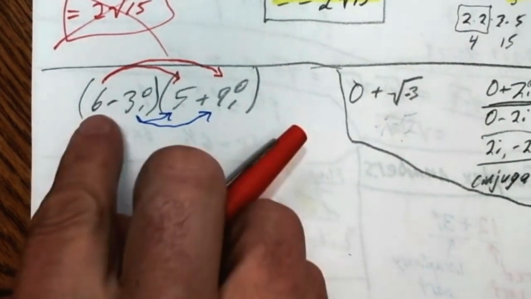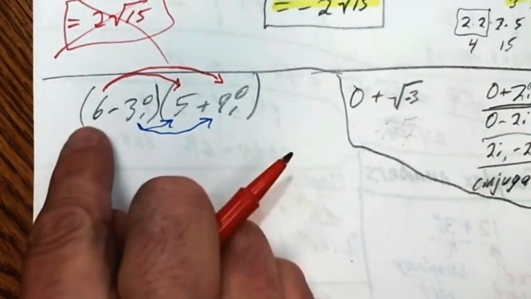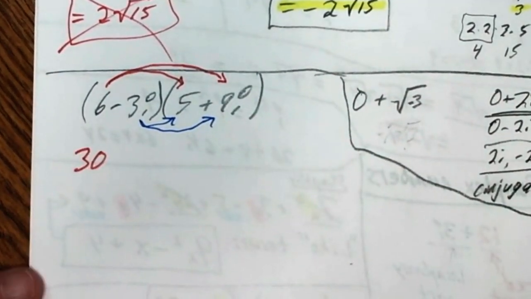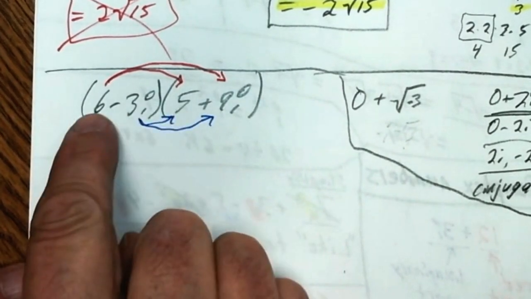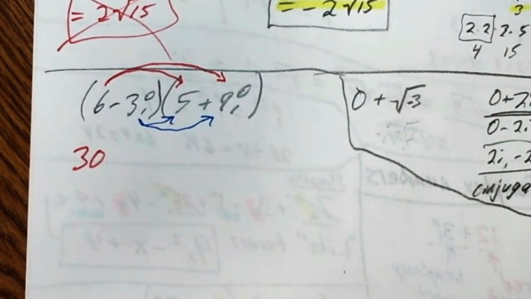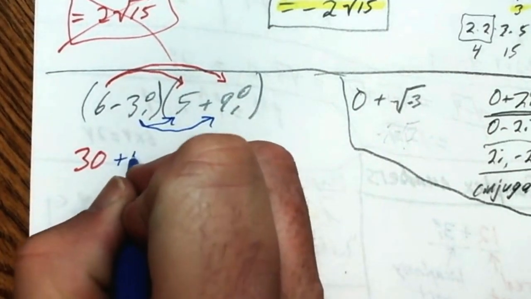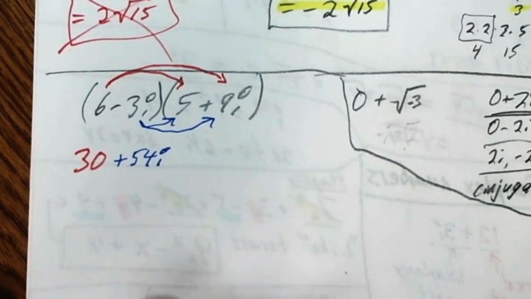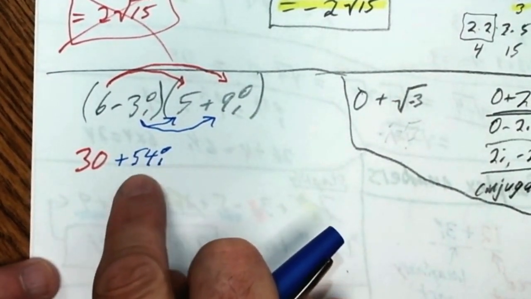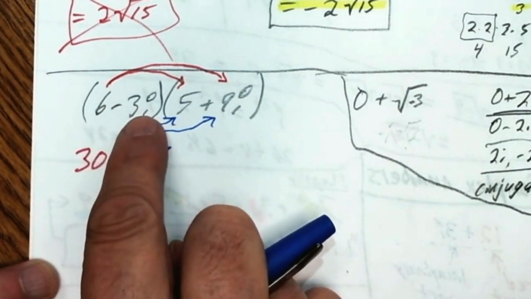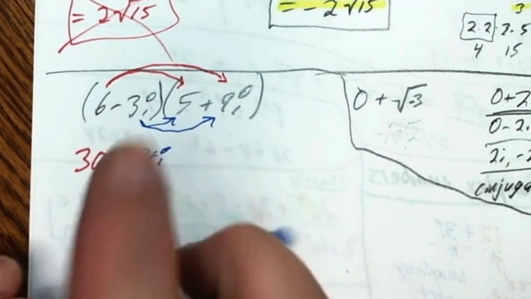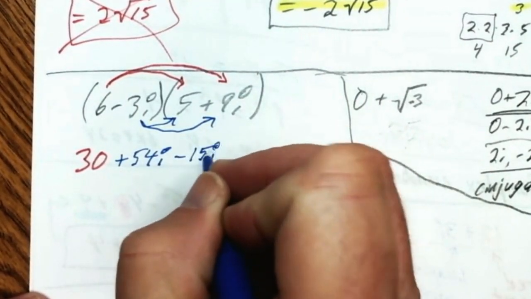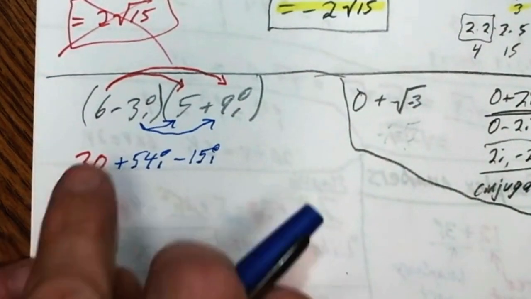So when we multiply the first term, 6 times 5 is 30. Okay, that's a real number. Now 6 times 9i, 6 times 9 is 54i. See, that's going to be an imaginary number. Then we got negative 3i times 5. Negative 3 times 5, negative 15i, right?